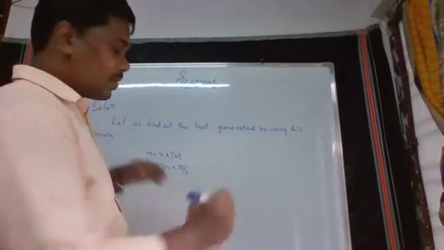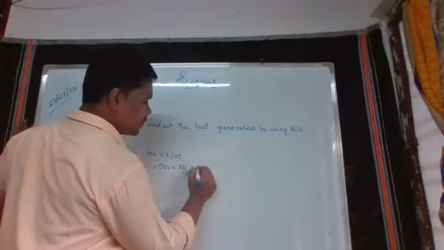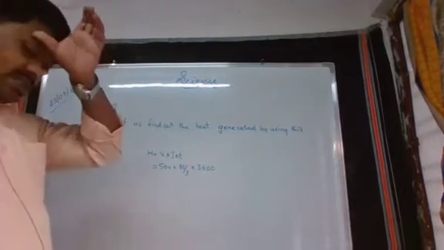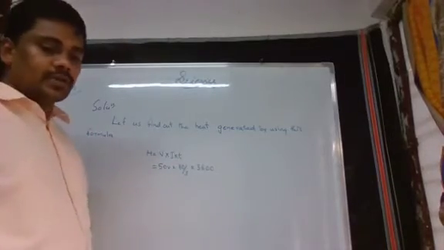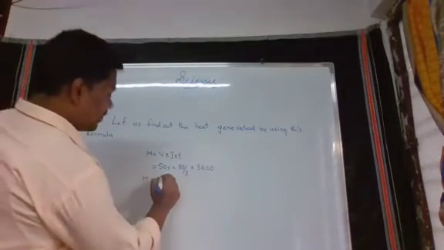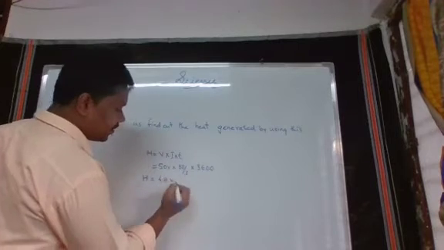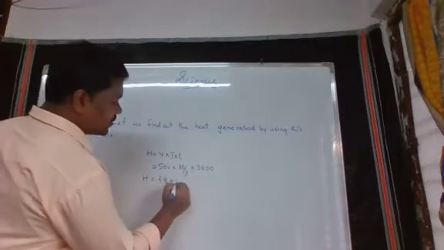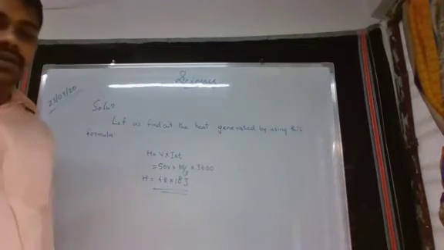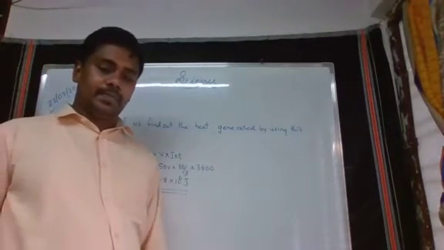Time is equal to 3,600 second. So on calculating we will get heat is equal to 4.8 into 10 raised to 6 joules as answer.